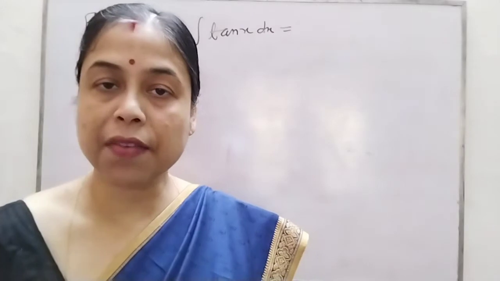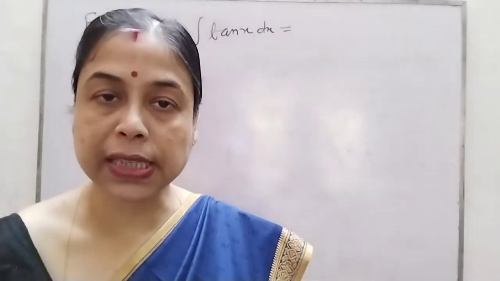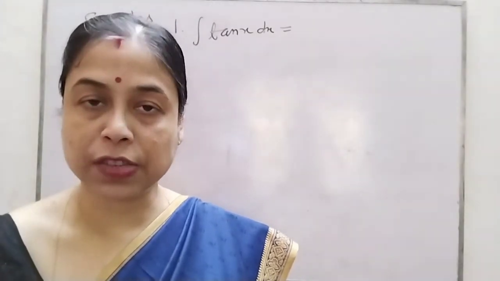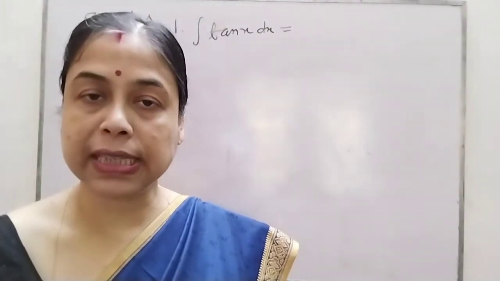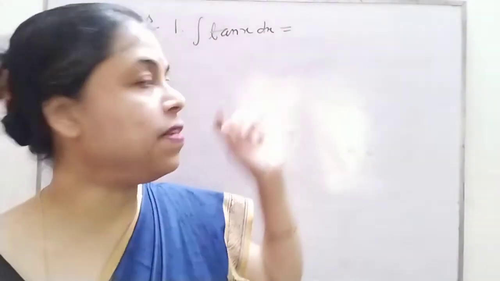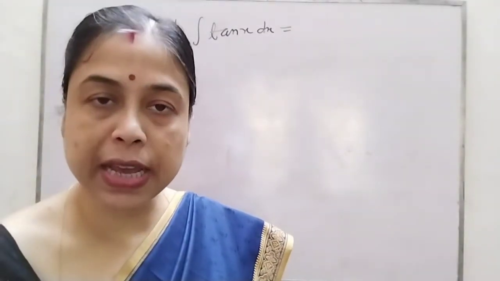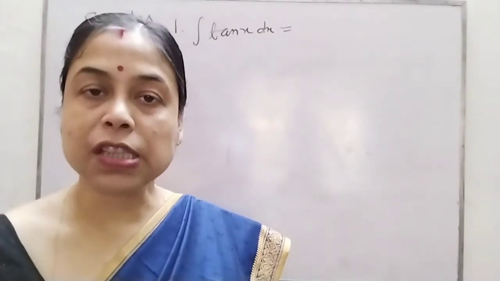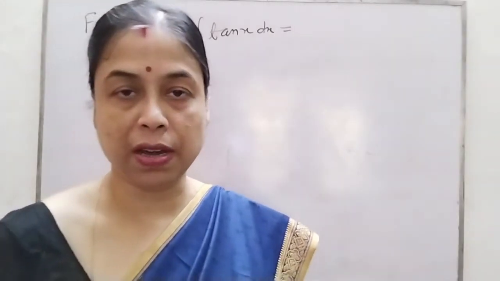Integration of sin x we know is minus cos x. Integration of cos x is sin x. But other than that, we have some square functions, sec square x, cosec square x formulas are there, but we don't have integration of tan x, integration of cot x, integration of sec x, and integration of cosec x. These 4 formulas we will derive here.